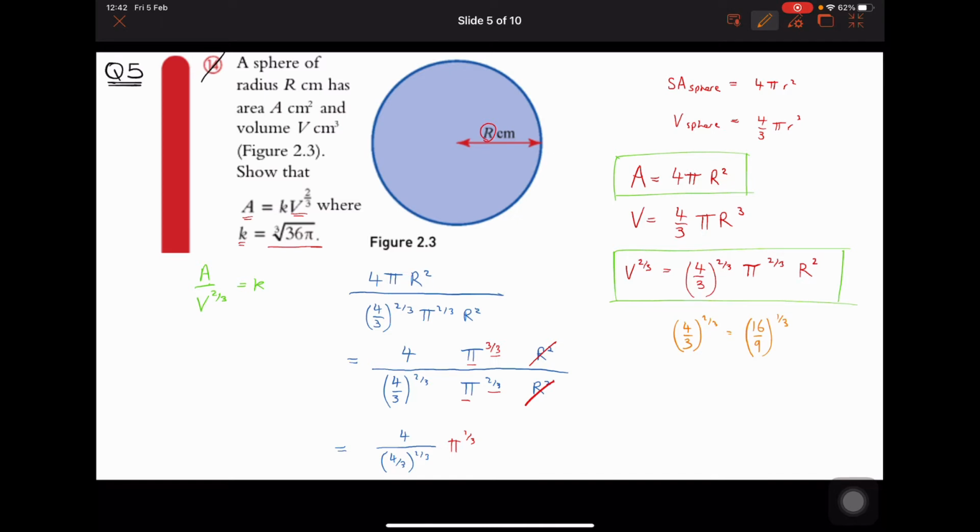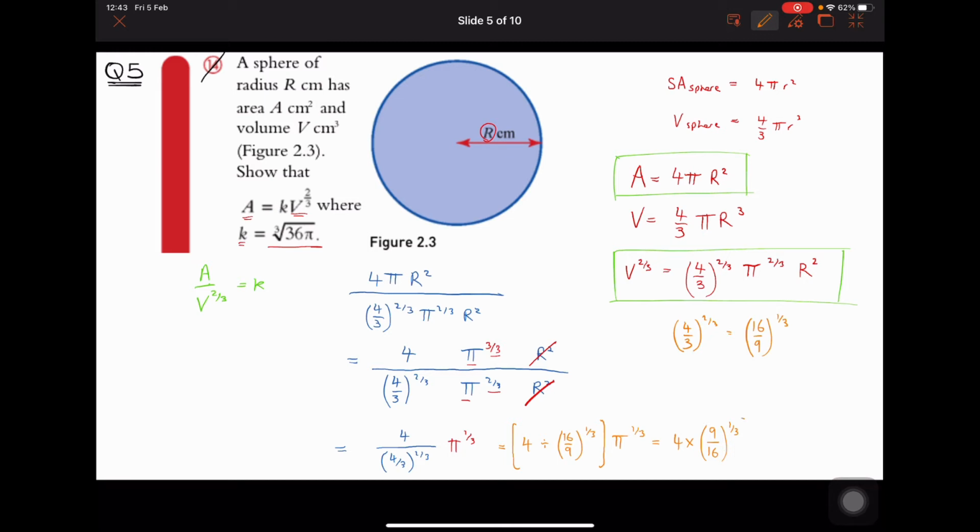And so now that means we have 4 divided by 16 over 9, so we have 4 multiplied by 9 over 16 to the 1 over 3.